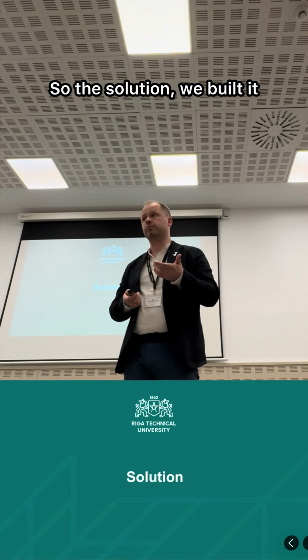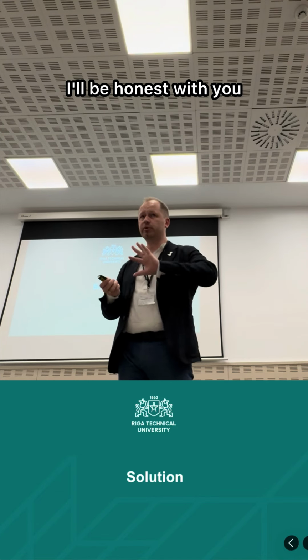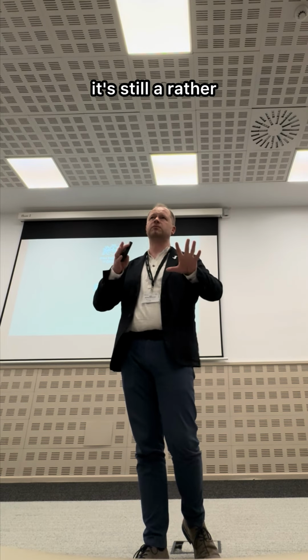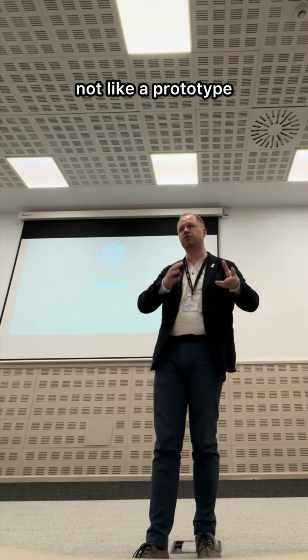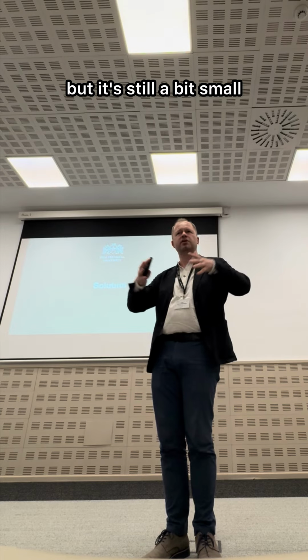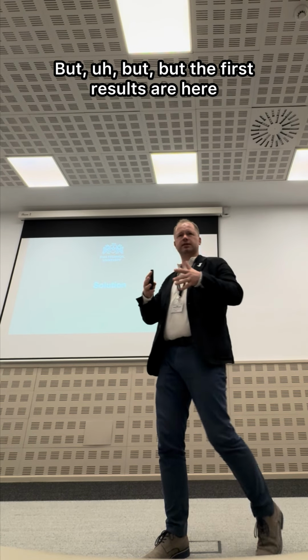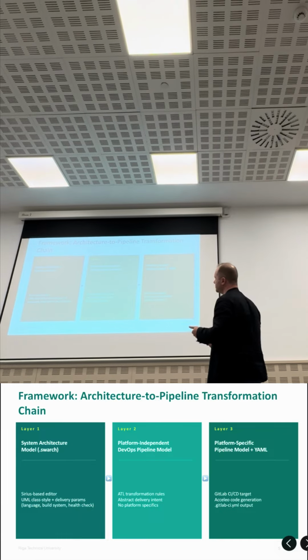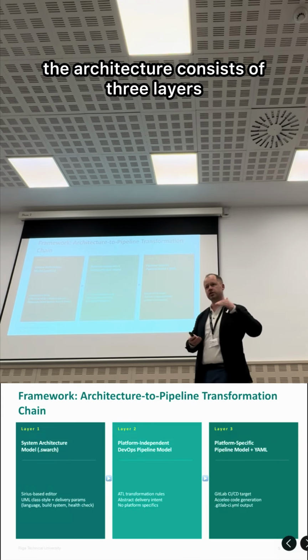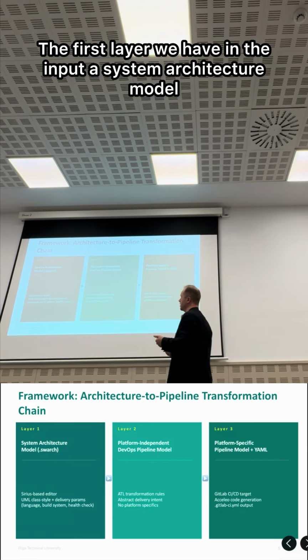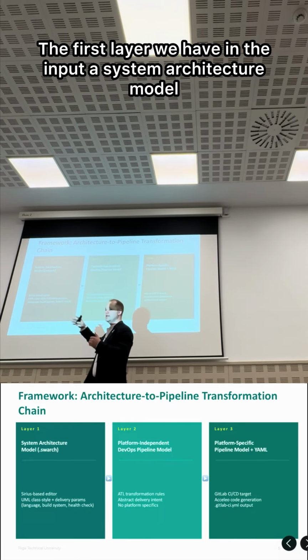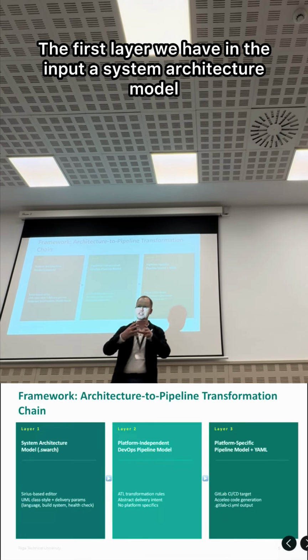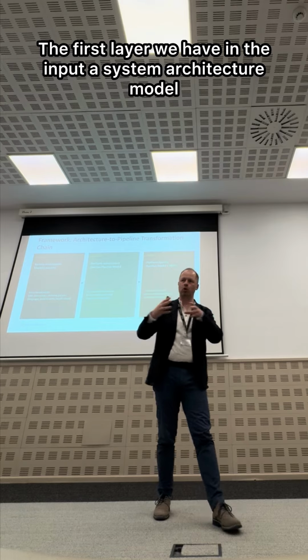So the solution, we built it. I'll be honest with you, it's still a bit small, but the first results are here. First of all, the architecture consists of three layers. The first layer, we have in the input a system architecture model.